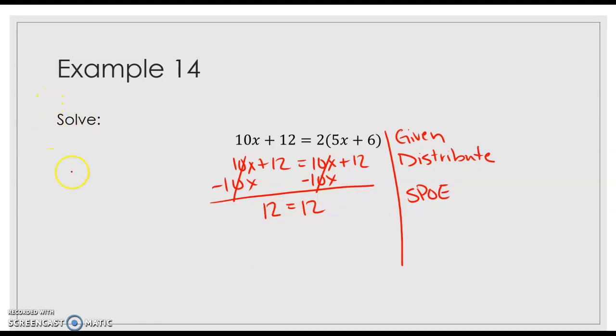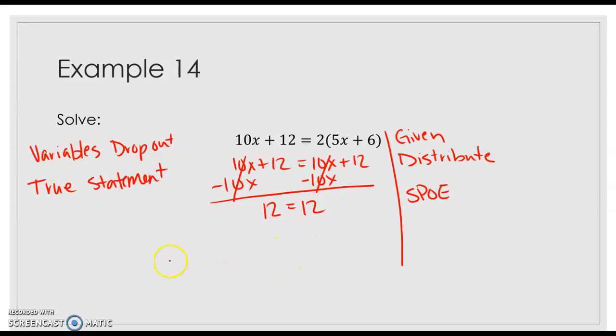And so this is one of those special solutions. If your variables drop out, and it makes sense, so it's a true statement, these are the two things that you need. Variables drop out and it's a true statement.